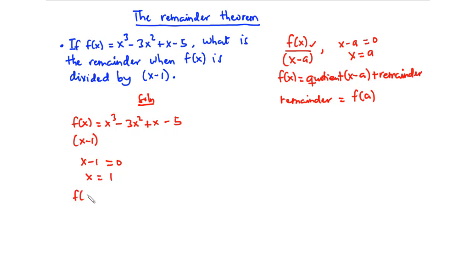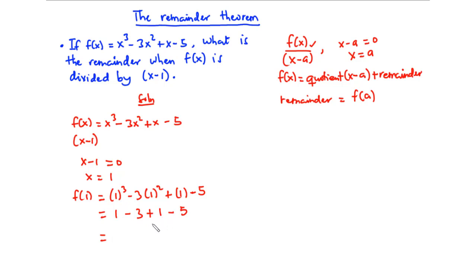So f of 1 is equal to 1 cube minus 3 times 1 square plus 1 minus 5. 1 cube is 1. 3 times 1 square is 3, plus 1 minus 5. 1 minus 3 is negative 2.